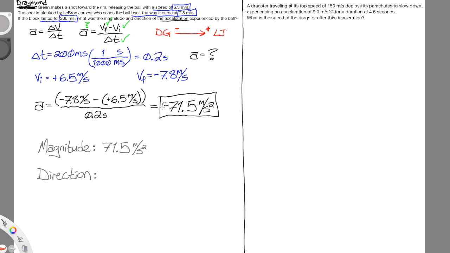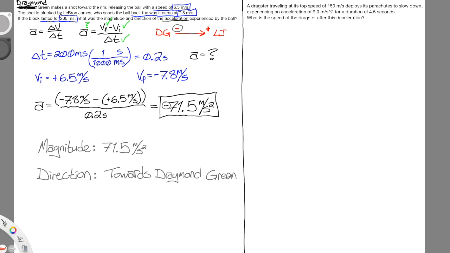So we have a negative sign on our final numerical answer here, and negative in our coordinate system was towards Draymond Green. So that tells us that our acceleration here was towards Draymond Green.